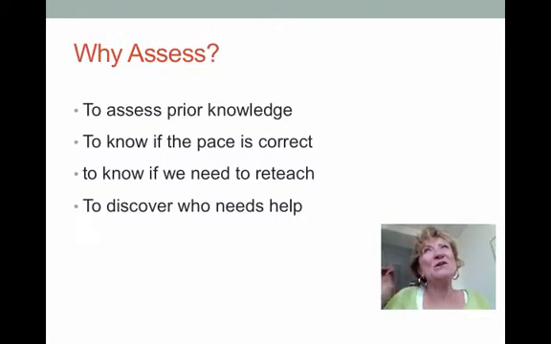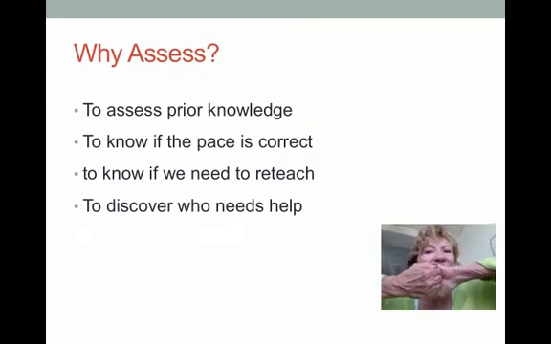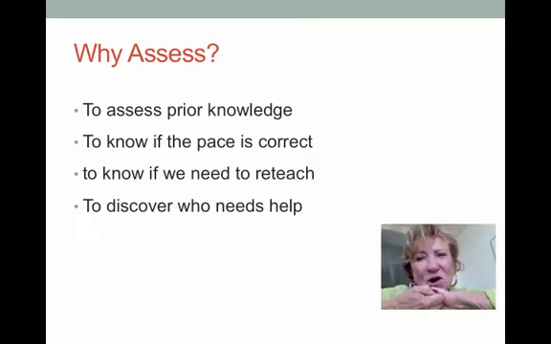So we want to know exactly what they know so we know where to start. The second reason is that if we access students' prior knowledge, we talk about what they already know, we can connect that new learning to old learning, to what they already know. This is how students remember things. We'll revisit this concept.